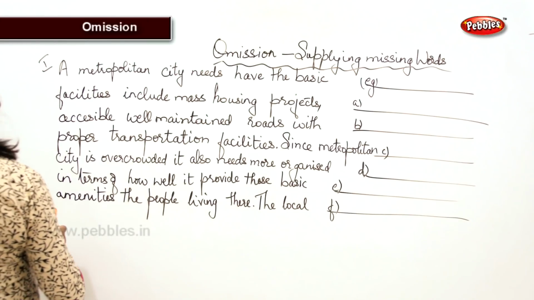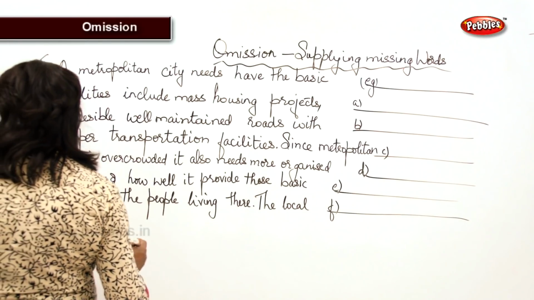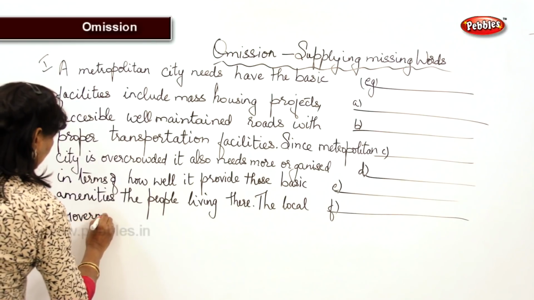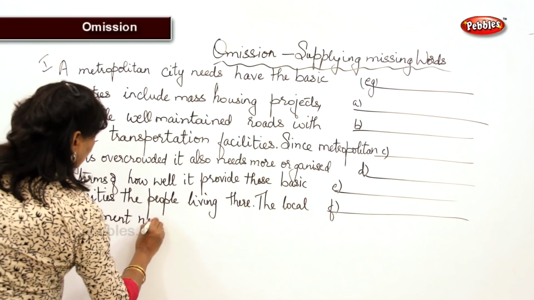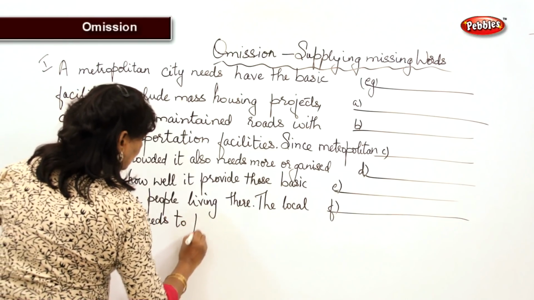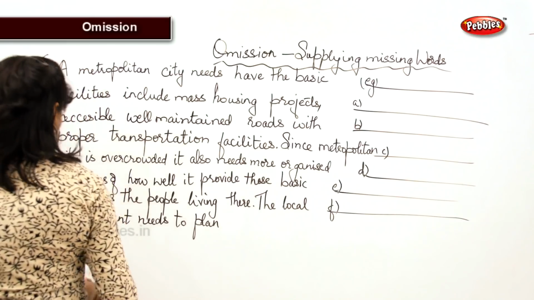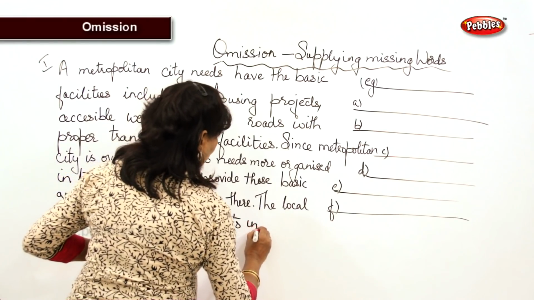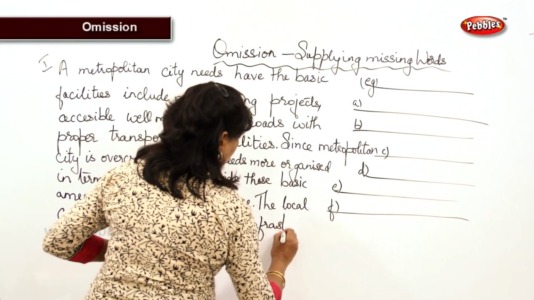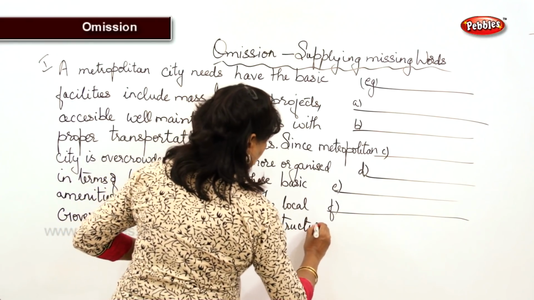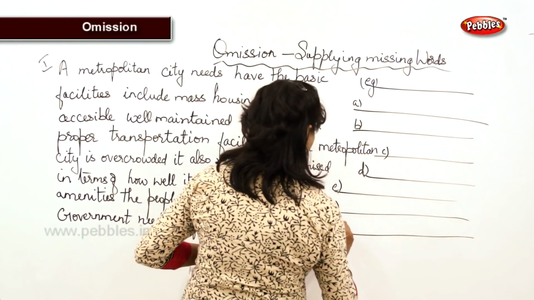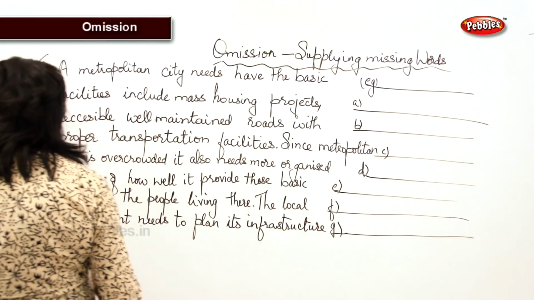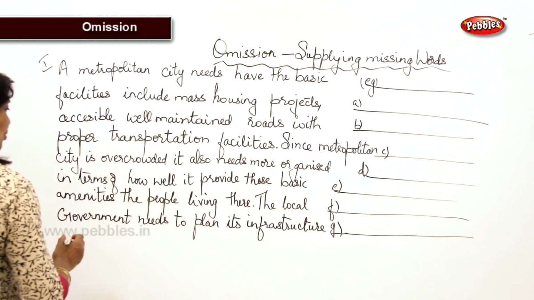The people living there, the local government needs to plan its infrastructure. And its optimum use.